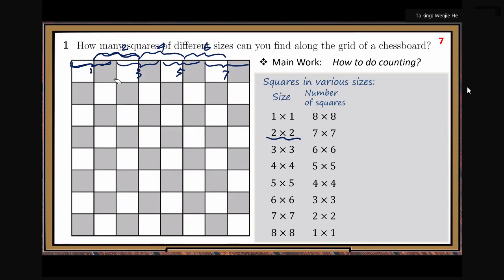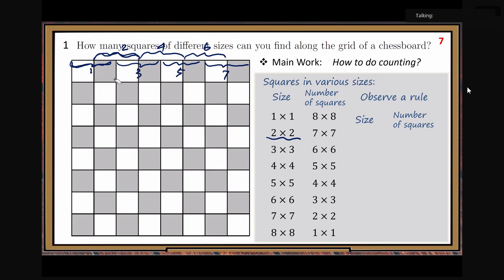Now, the last step, the total number of squares. Add up all these numbers, right? You get an answer. So here, let's look at the rule. What is the rule? We need to summarize to find that rule.